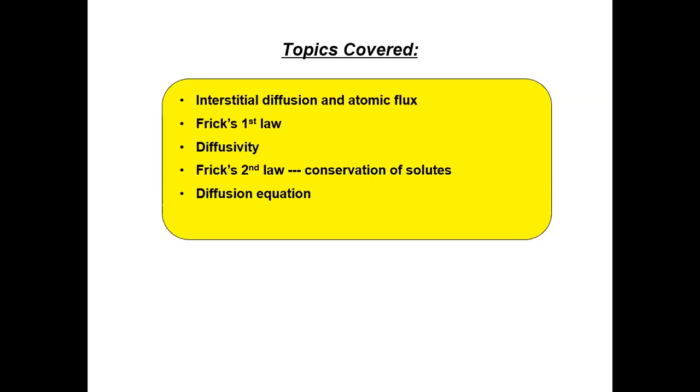And then we define diffusivity, and using the conservation of solutes, we're going to derive Fick's second law, and combining the first and the second law, we'll derive the diffusion equation. But again, in the context of the solid solution, you may have seen these mathematical derivations, but we're focusing more on how you can assign a physical interpretation to these mathematical laws in the solid material. So that's going to be the focus. But overall, I think this wouldn't be quite difficult.